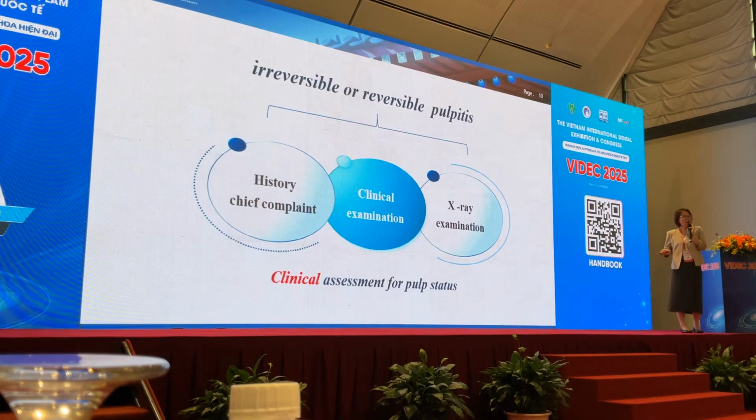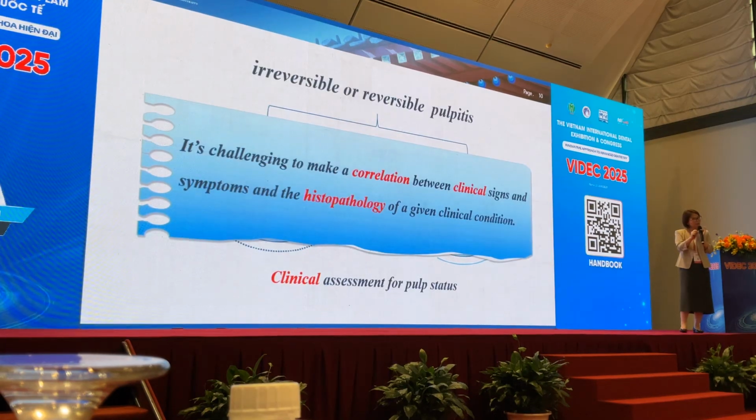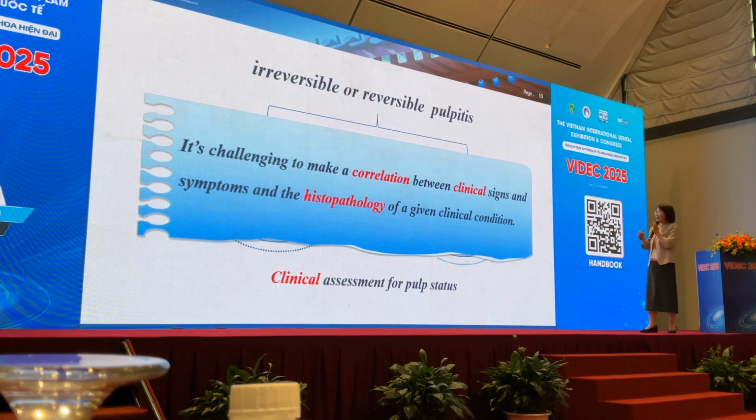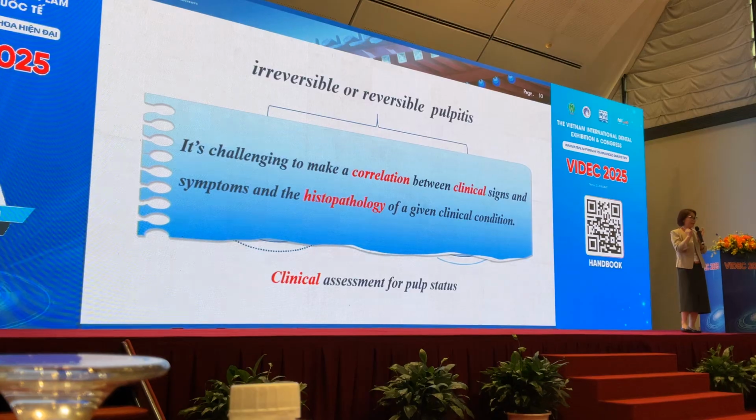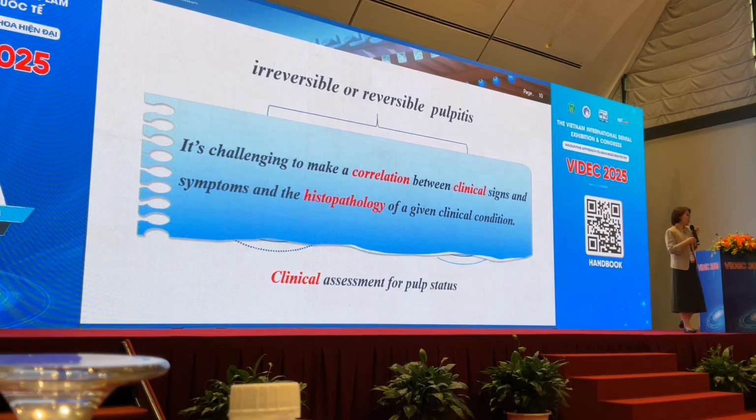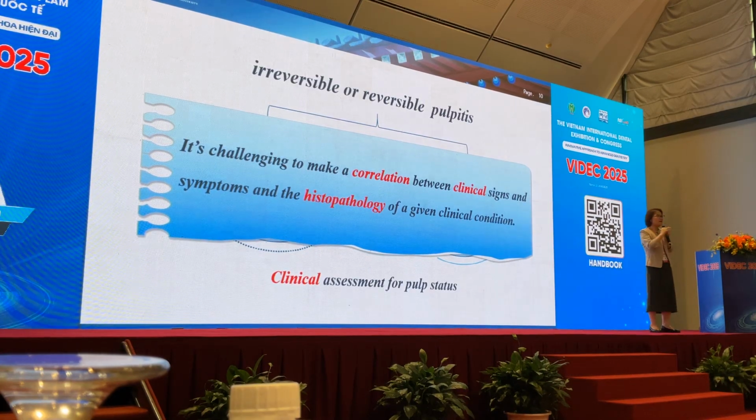But it's well known that the correlation between clinical assessment and histopathology is weak. In other words, the clinical assessment cannot tell us the real status of the dental pulp.